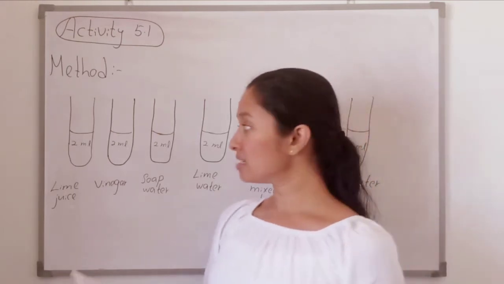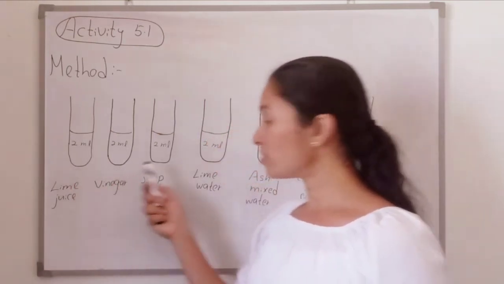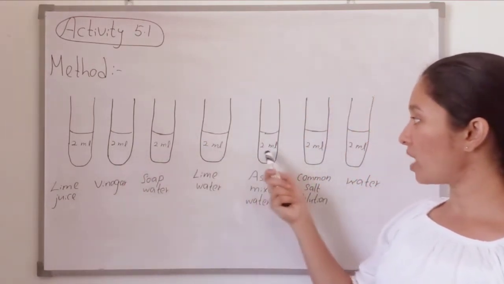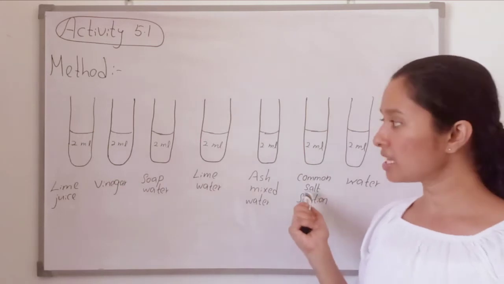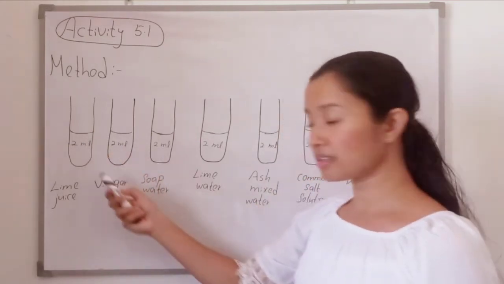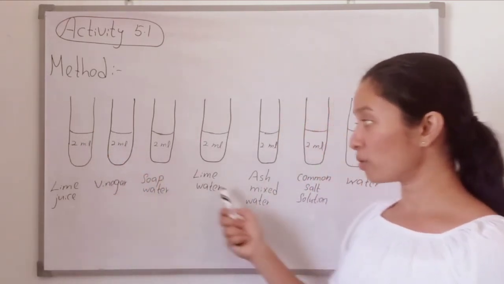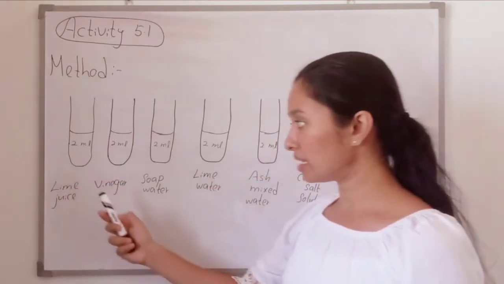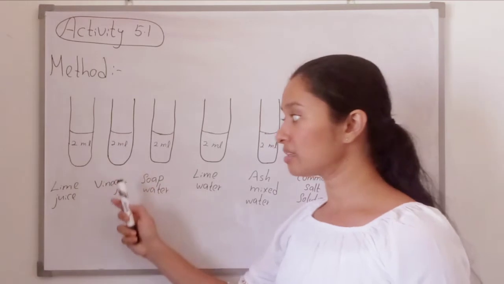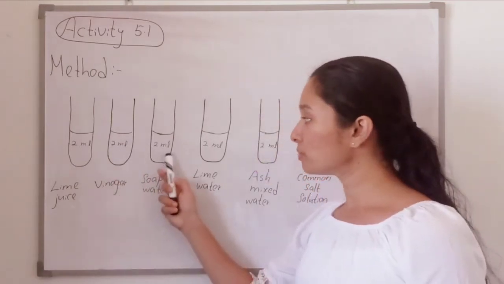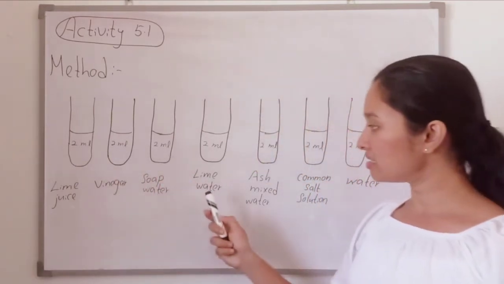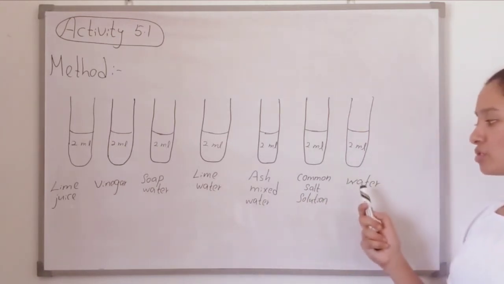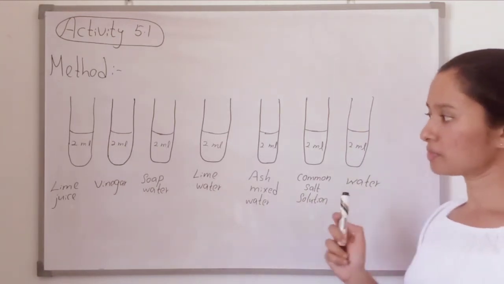Then take equal-sized test tubes. There are 7 test tubes, and put 2 milliliters of each solution into the test tubes: 2 milliliters of lime juice, 2 milliliters of vinegar, 2 milliliters of soapy water, lime water, ash mixed water, common salt solution and water.